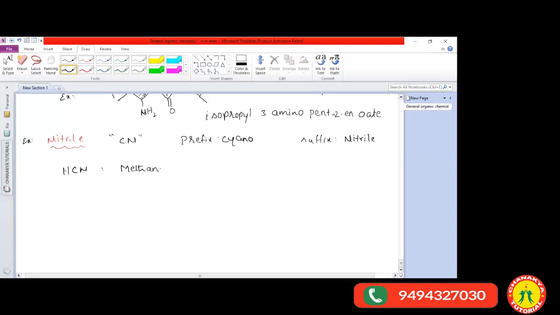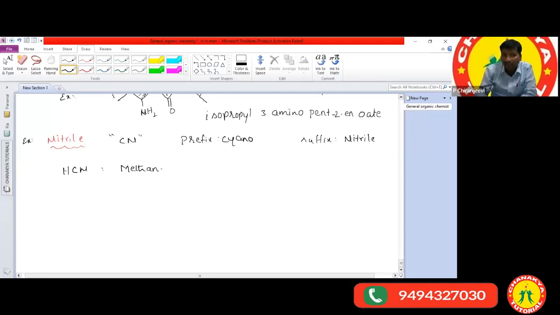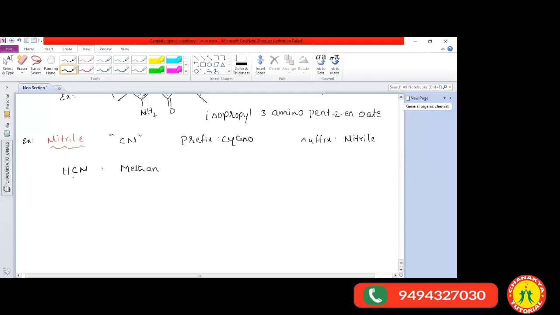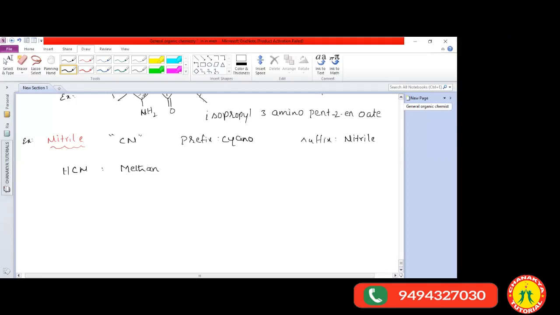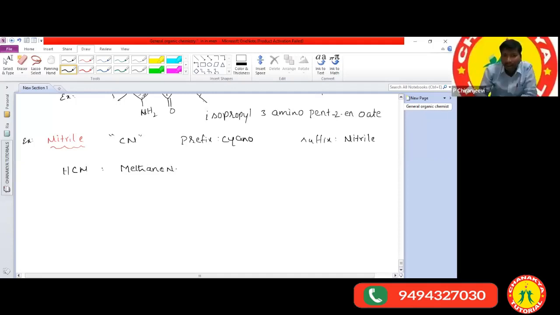Saturated, saturated means ane. And what is the prefix? Cyano. Suffix, nitrile. So methanenitrile is the IUPAC name. For example, if they had given CH3-CN, what is the IUPAC name of this one?